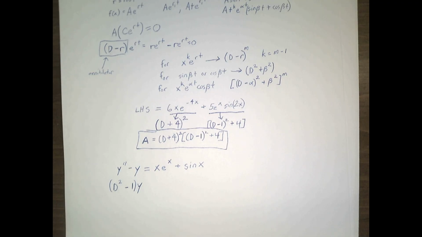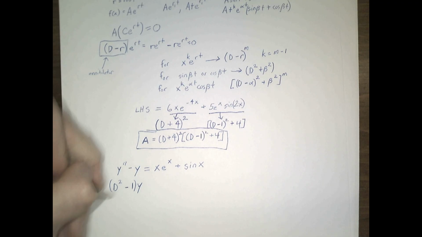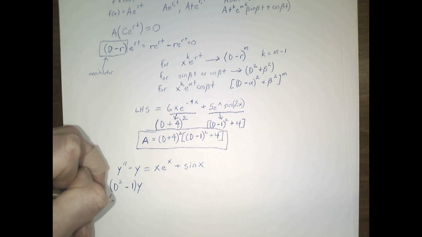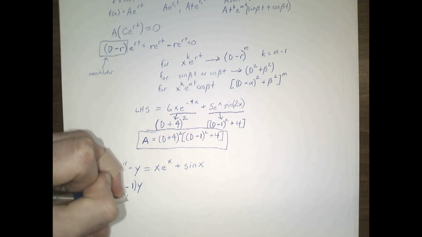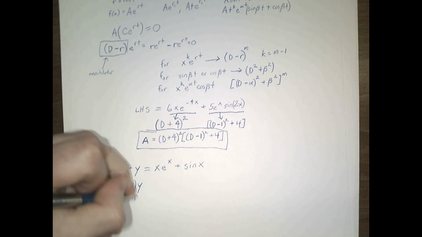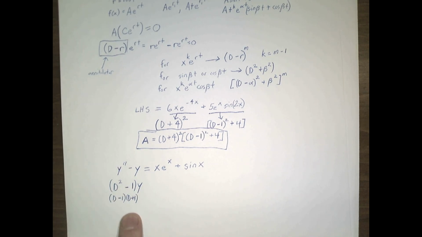If we're pretending like D is a variable, well then the roots of this characteristic polynomial, if we factor this out, we get D minus 1 and D plus 1. So these are two unique roots here.